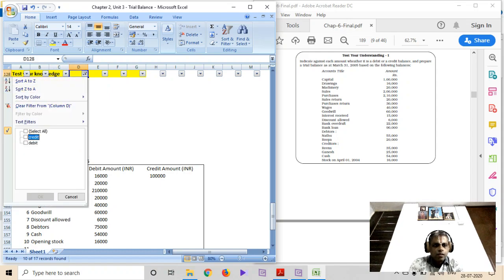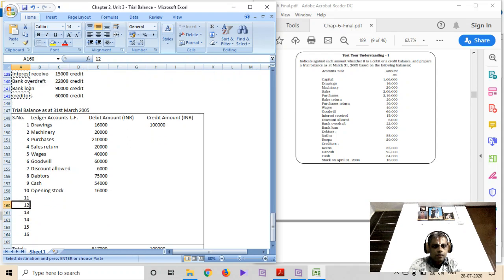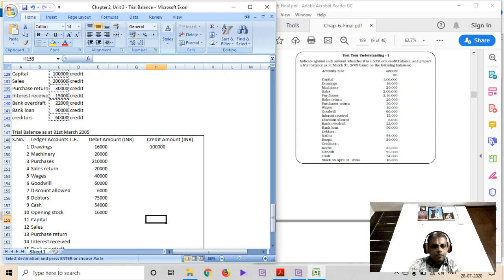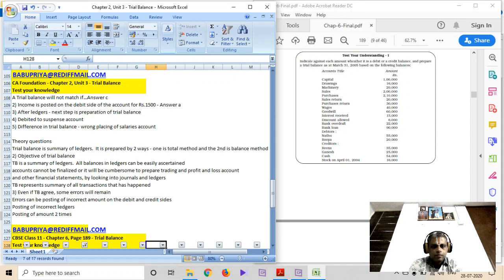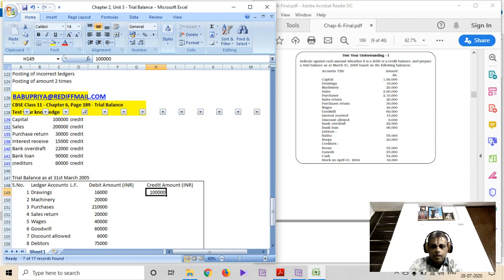Then we'll put credit transactions and the amount.